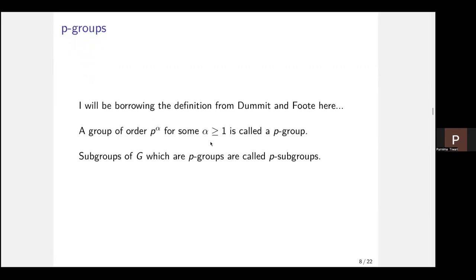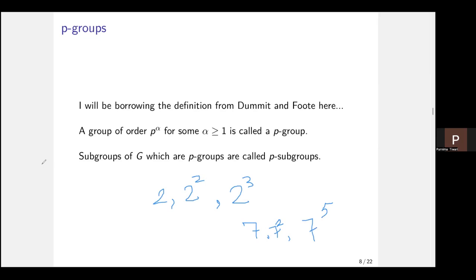Okay. So here, any group of the order, say, 2, 2 square, 2 cube, or take any other prime number, say 7, 7 square, 7 to the power 5 for that matter of fact, will also form a p group.